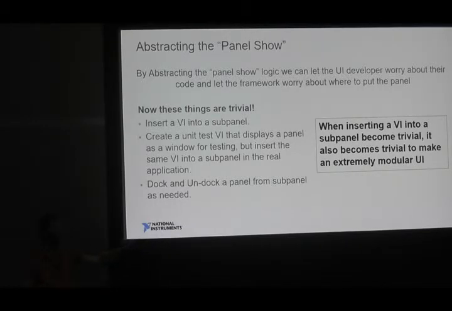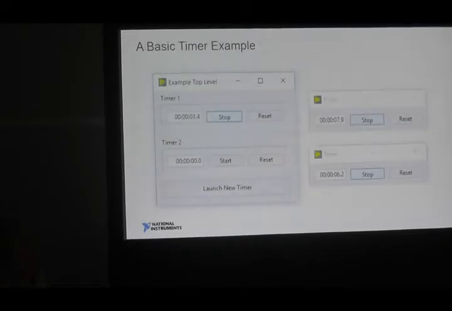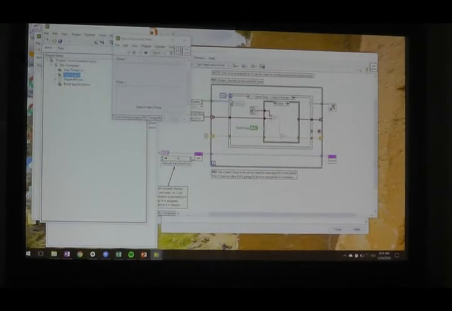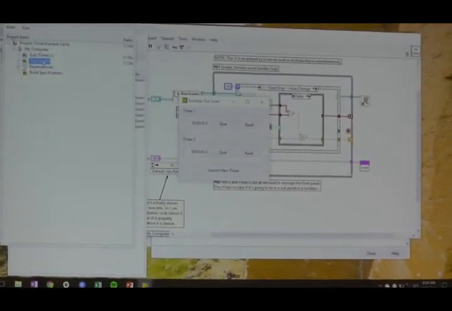And that makes it trivial to do some things, and then once those things are trivial, it can get kind of cool. So let me show you what I mean by an example. The idea that you should have is it's trivial to insert things in a subpanel. Since I'm talking about how trivial it is, I will open up a trivial example.